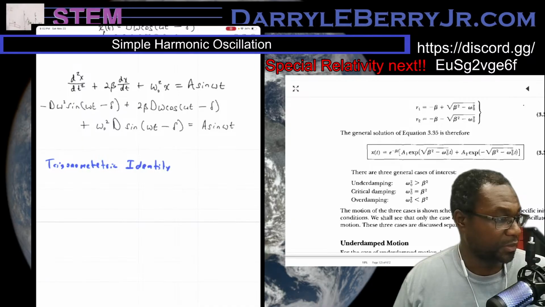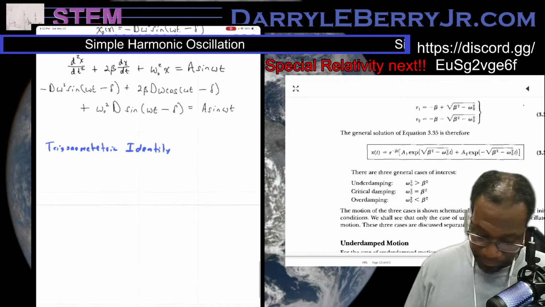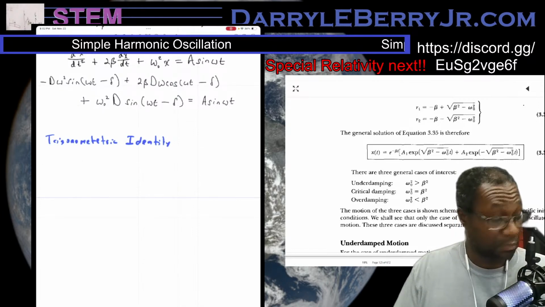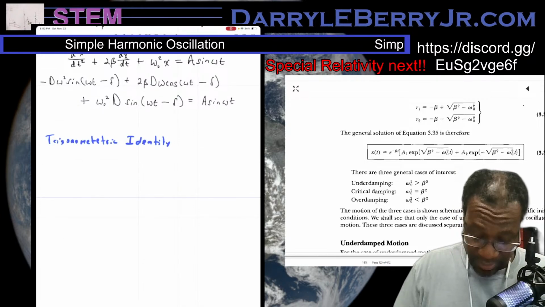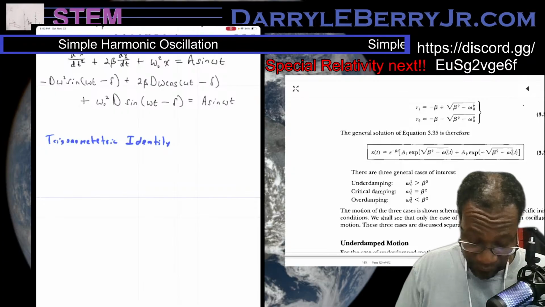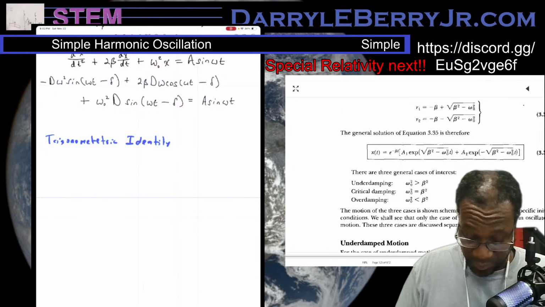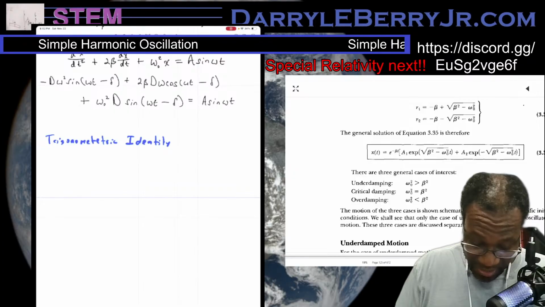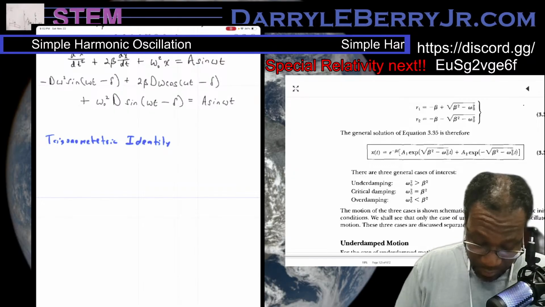Do I have a plus on one of them? Let's write it out. That's why, because one of them is sine and one of them is cosine. I forgot about that.